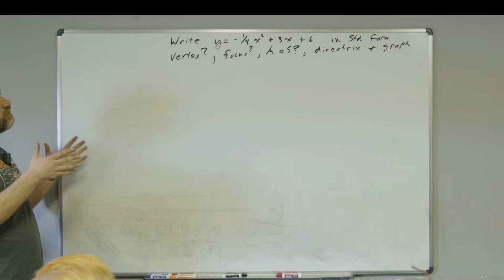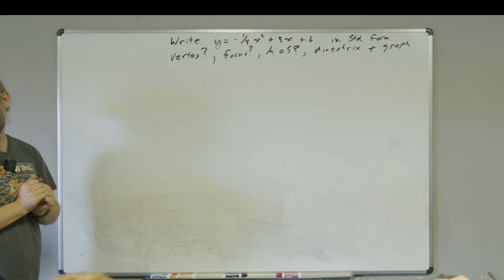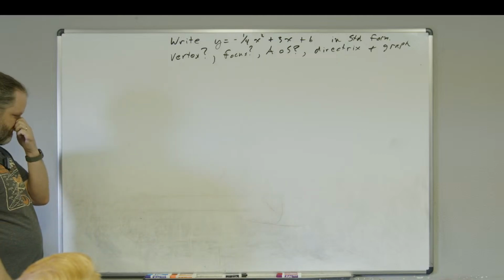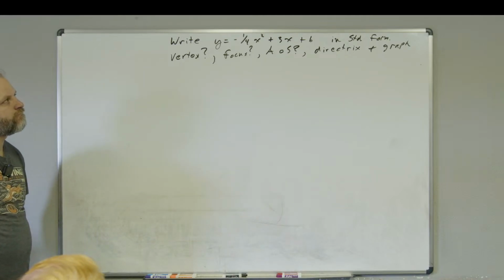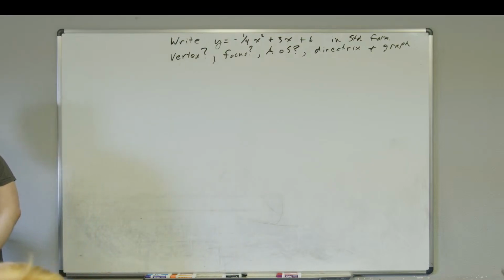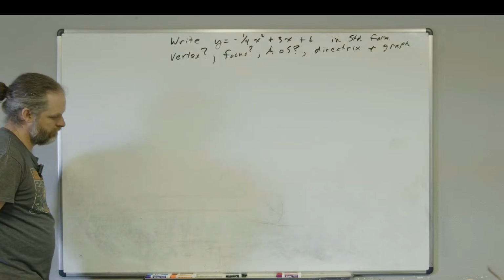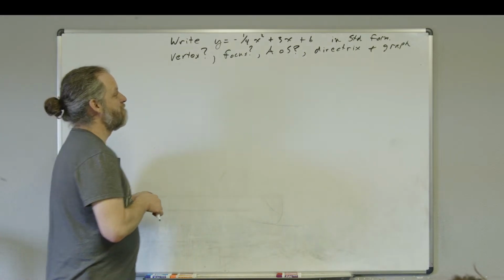So we need to get this into standard form. How do we do that? Remember what standard form is? We just wrote down the vertical equation. You just said we'd have to complete the square, so I'm going to guess that. Yeah, we've done this before.